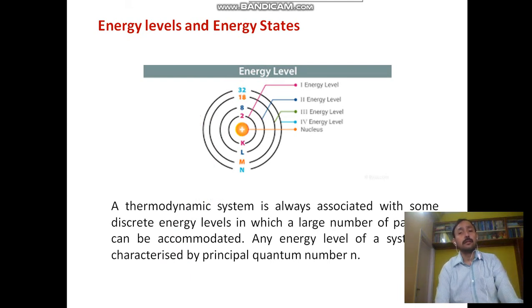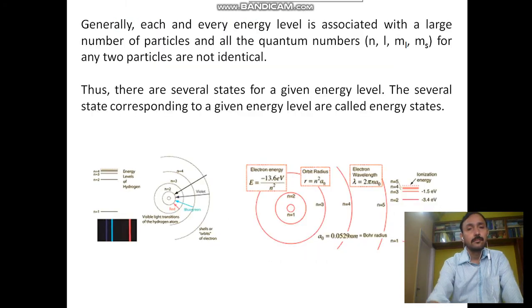Any energy level of a system is characterized by the principal quantum number n. Generally, each and every energy level is associated with a large number of particles, and all the quantum numbers n, l, ml, ms for any two particles are not identical.